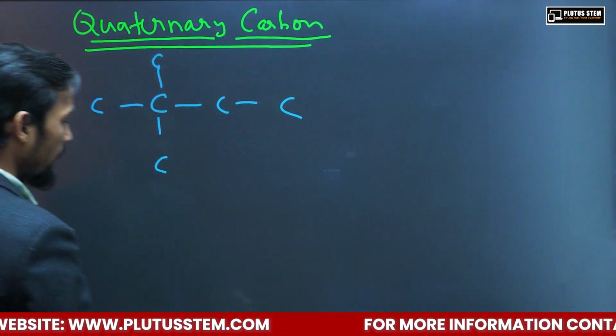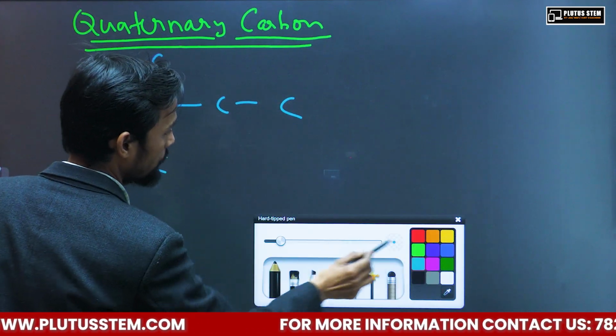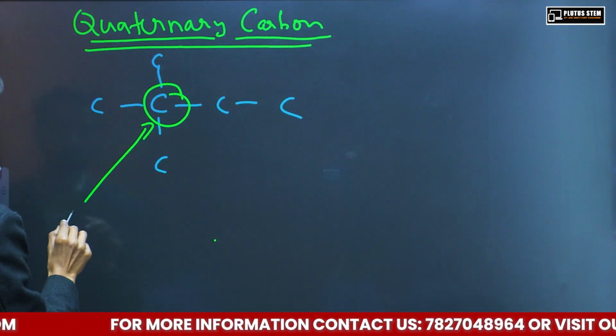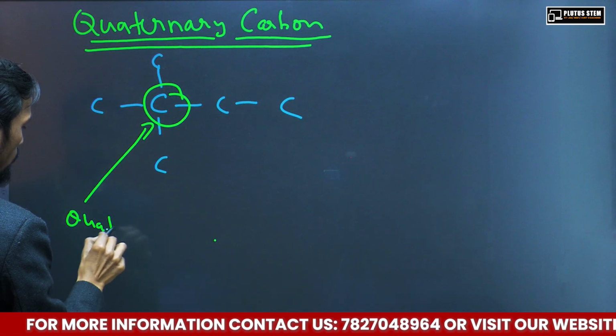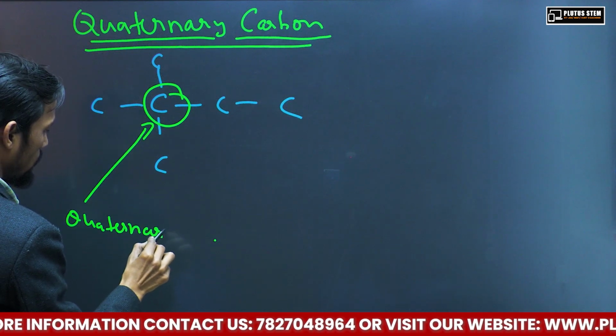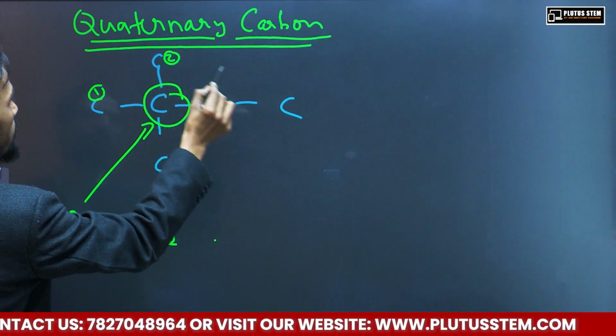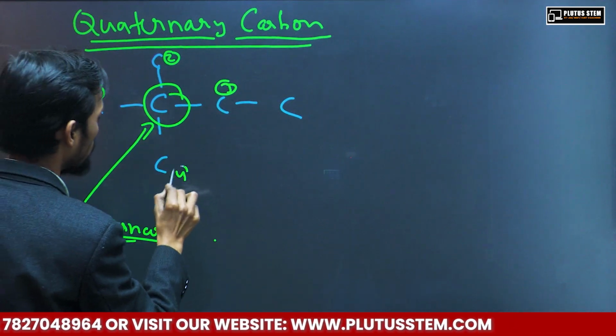So we can see over here which carbon is a 4-degree carbon. Quite obviously, this one is our quaternary carbon. One attachment, 2 attachments, 3 attachments, and the 4th attachment.